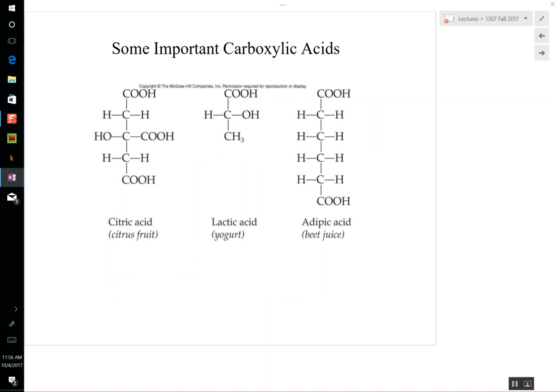Citric acid, so here's your citrate. This is in your citrus fruits. Look at that, it has 3 carboxyl groups on it. Lactic acid is in yogurt or in muscles.